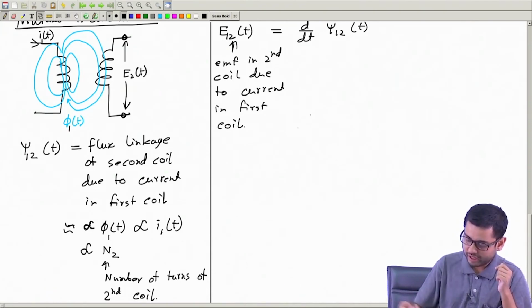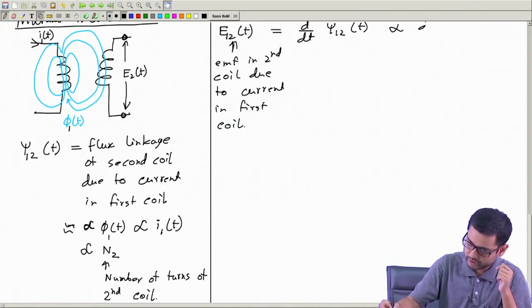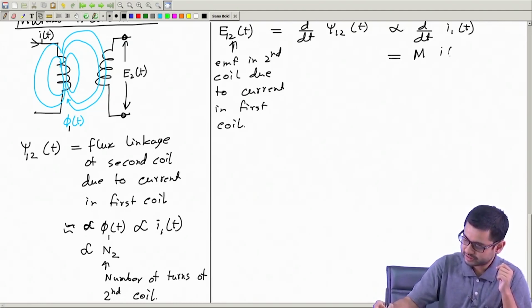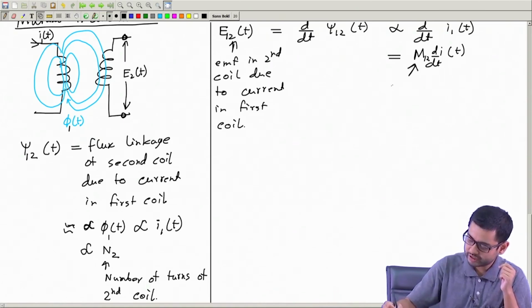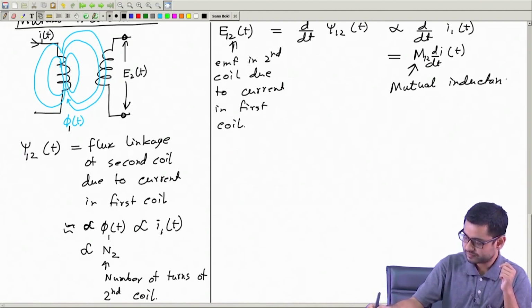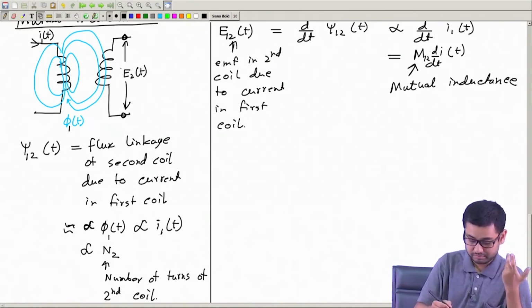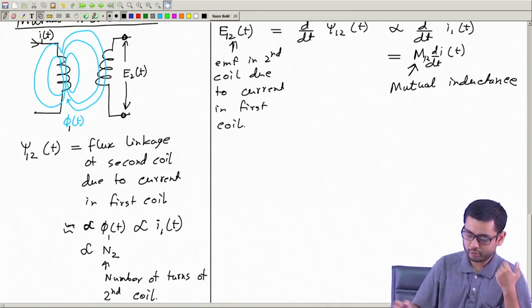So this is Faraday's law, and then this is proportional to ddt of I1t, and we replace the sign of proportionality by bringing a constant of proportionality, and let's call it M12. This is called the mutual inductance due to the current in first coil and due to the EMF induced in the second coil. Okay, call it M12.